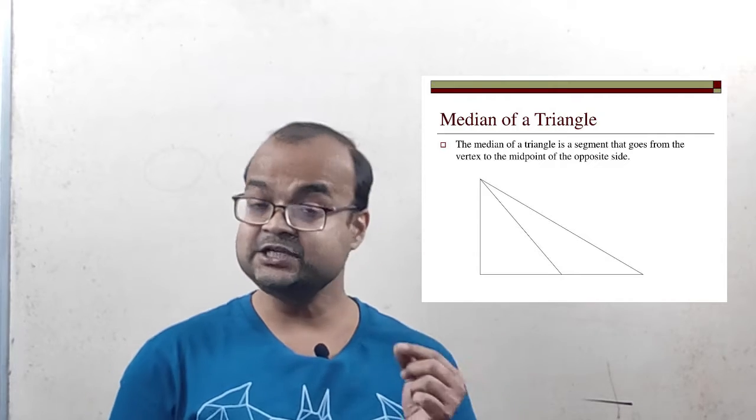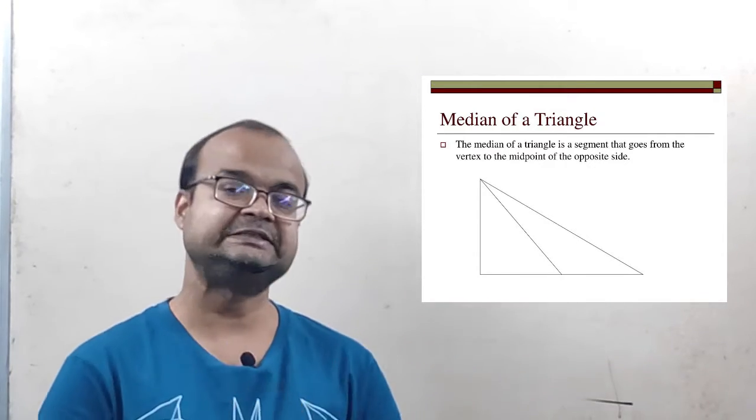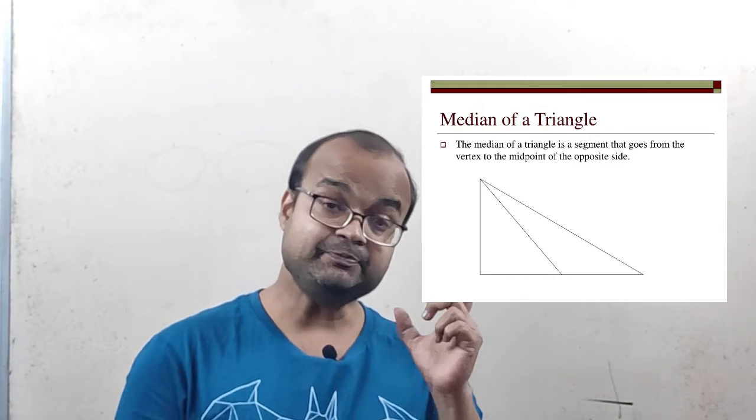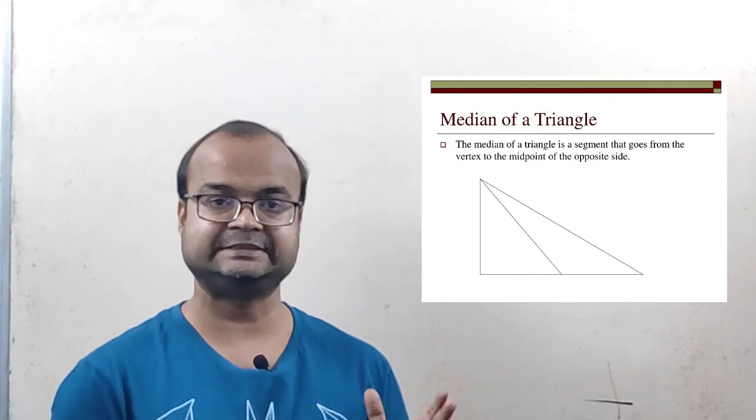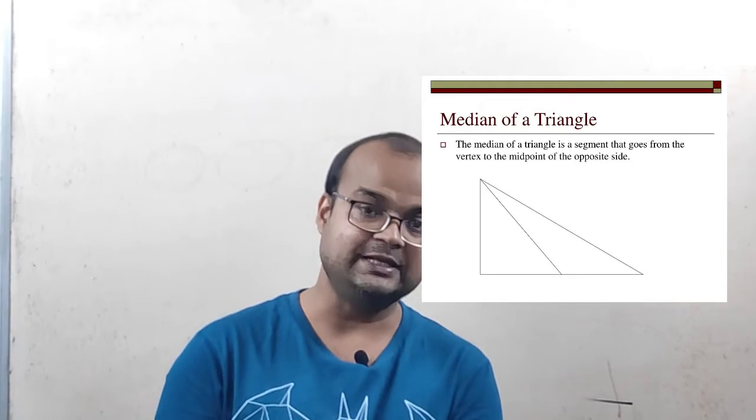Next is median. In a triangle, if a line is drawn from a vertex to its opposite side such that it bisects the opposite side, then the line segment is called its median.